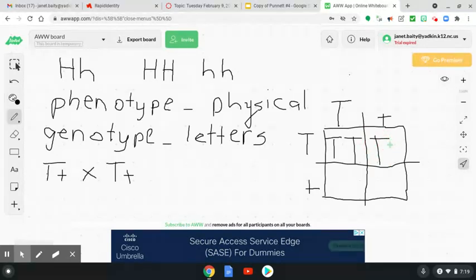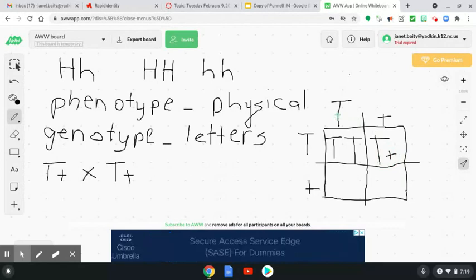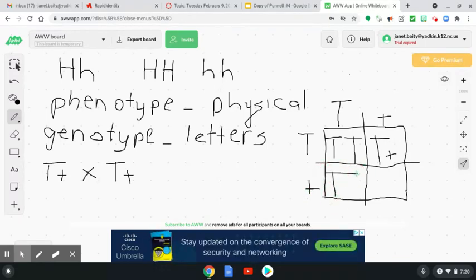That's dominant and recessive. The first one on the top and the first one on the second row go in this box. So that's dominant, recessive.